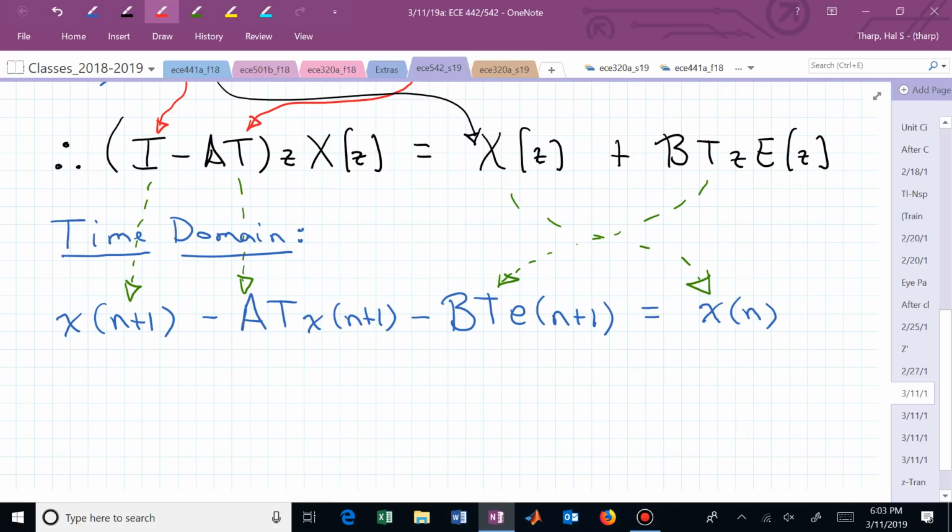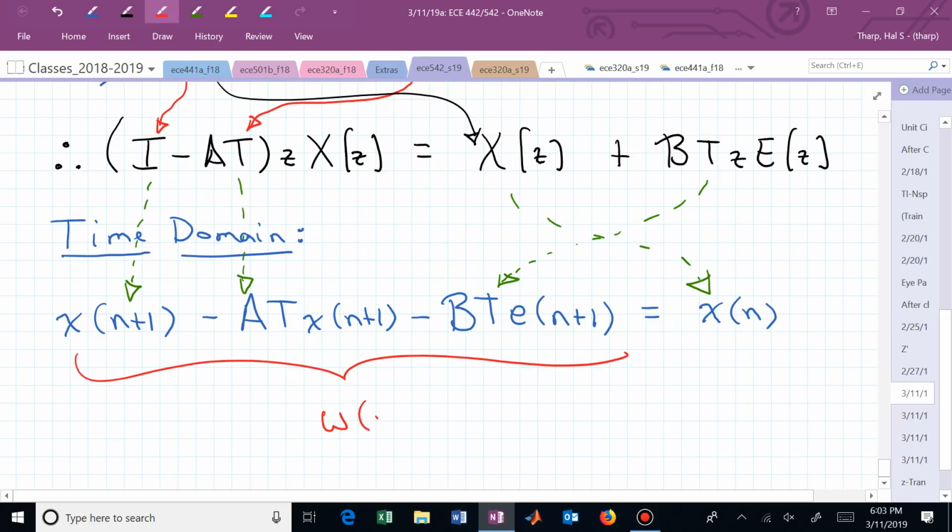Well, we're going to perform a little magic. We're going to make some of this difficulty go away by simply saying, you know what, that's a mess on the left, so let me just create a new variable and call that new variable all that mess on the left. Let me call that new variable w, and I'm going to say that's w at time n plus 1.